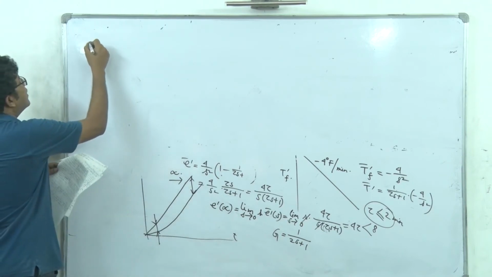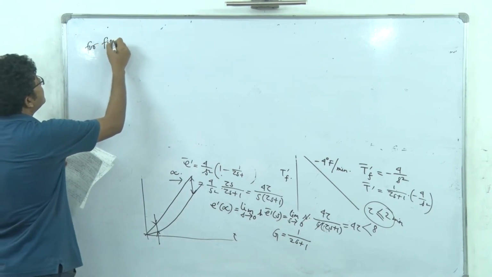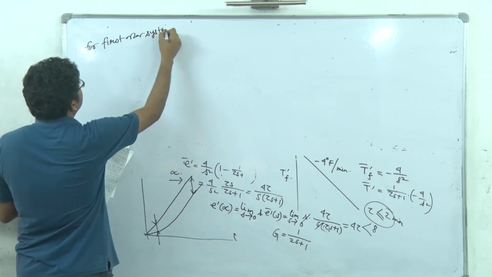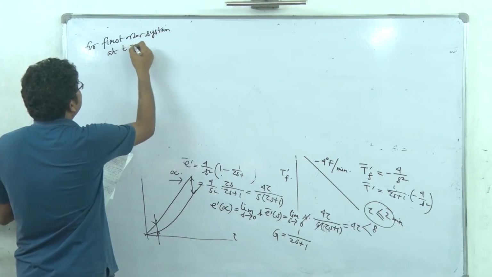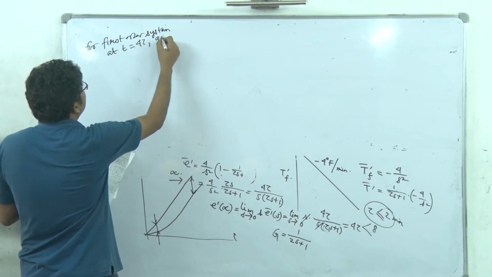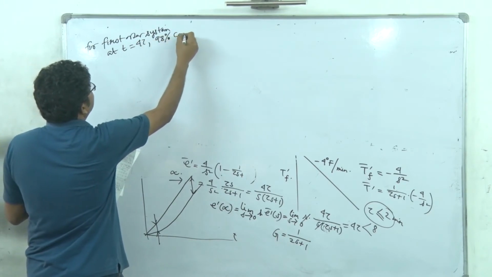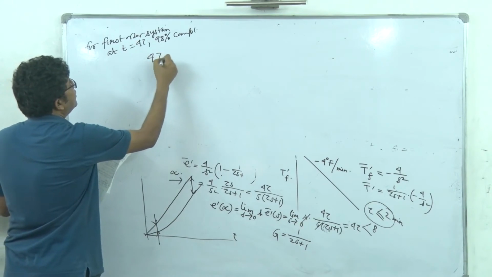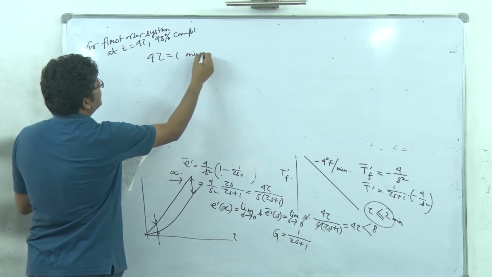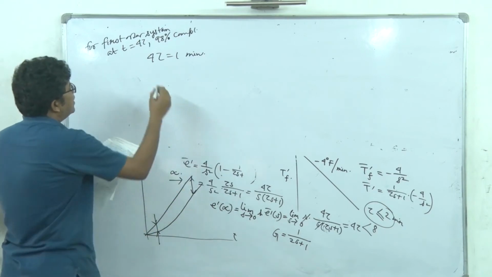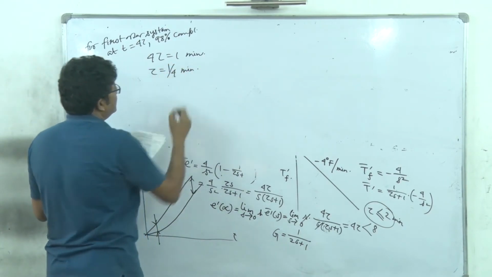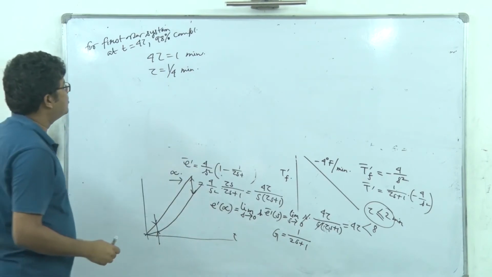So you see that for a first order system, at t equal to nearly 4 tau, 98% completion is achieved. So 4 tau is equal to 1 minute and tau is equal to 1 by 4 minute. That is 15 seconds.